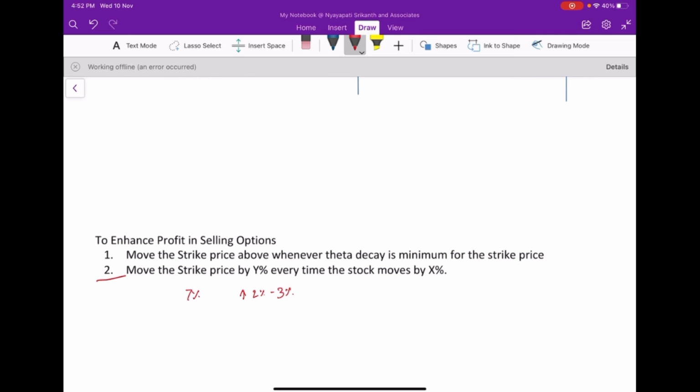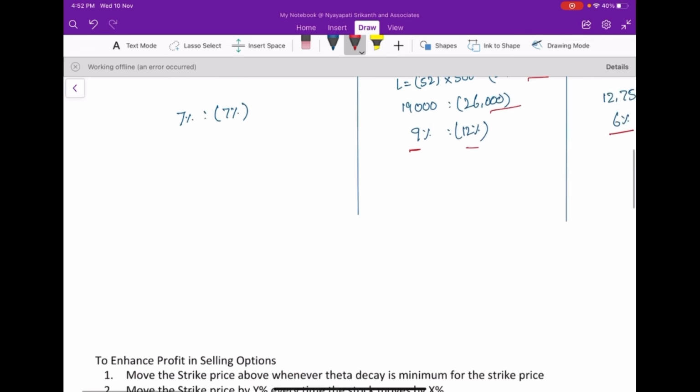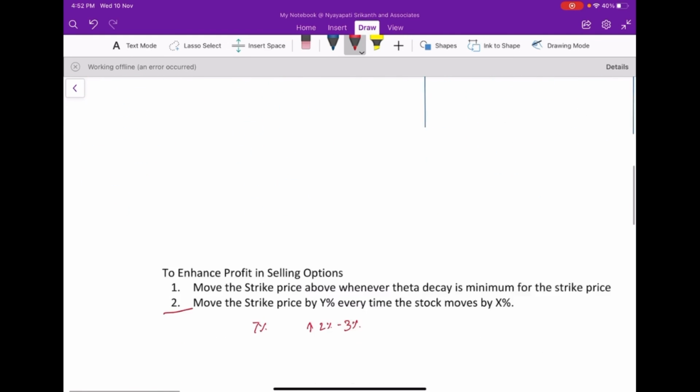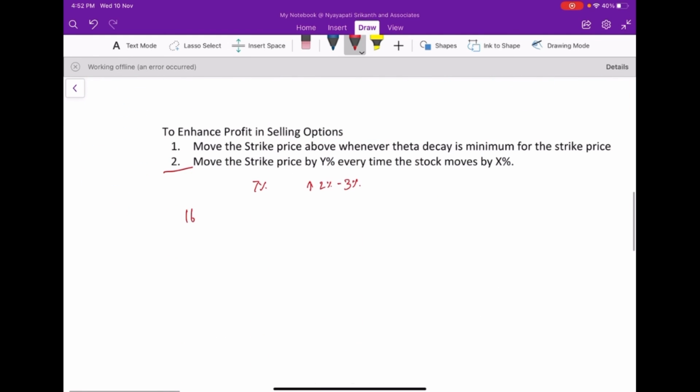So now you see that our stock has moved from 1635 to 1750. Then you can move your 1560 put option to somewhere around a 1600 put option.